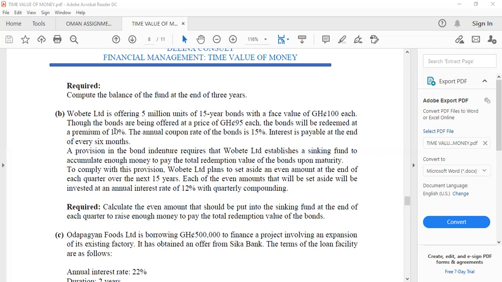To comply with this provision, OBT Limited plans to set aside an even amount at the end of each quarter over the next 15 years. Each amount set aside will be invested at an annual interest rate of 12% with quarterly compounding.